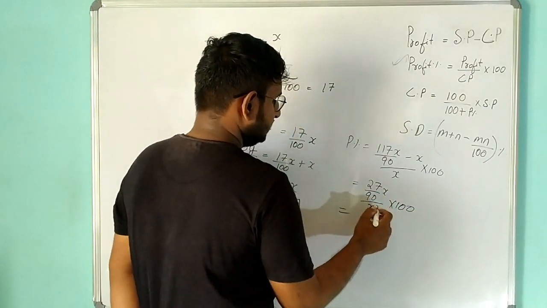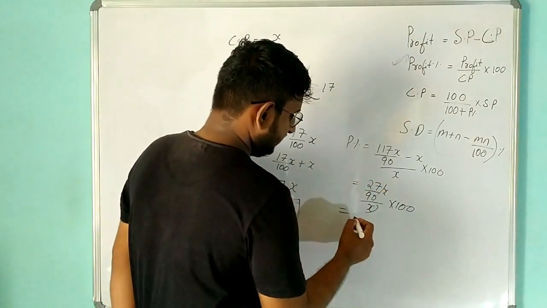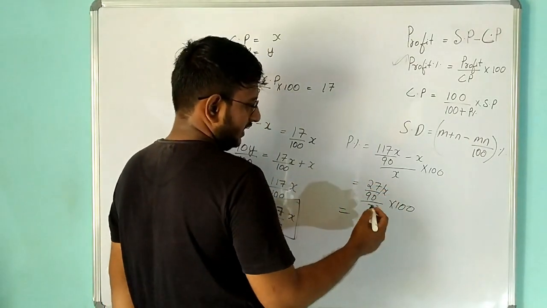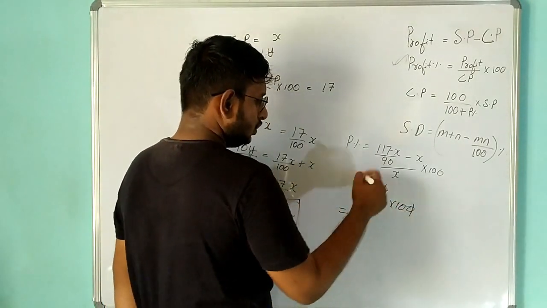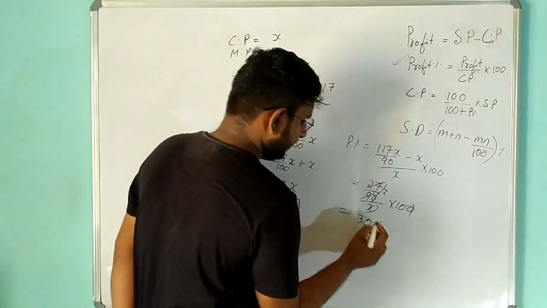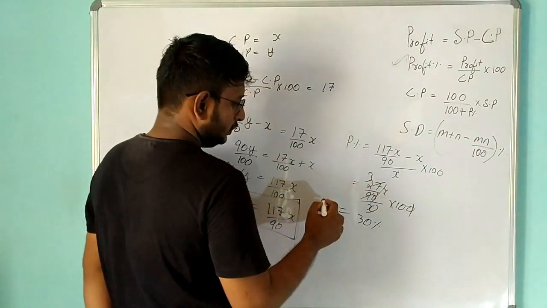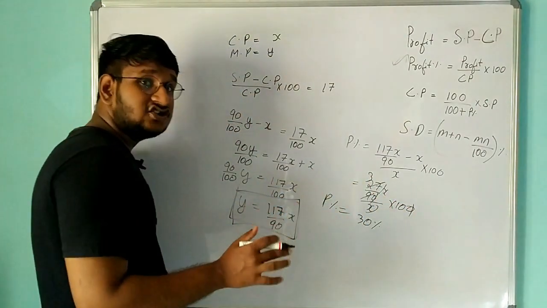If I cancel these two x's, then I will have 27 into 100 divided by 90. I can cancel these two zeros, so I will have 30%. Nine 3s are 27, 3 into 10, 30. So I will have a profit percentage of 30.